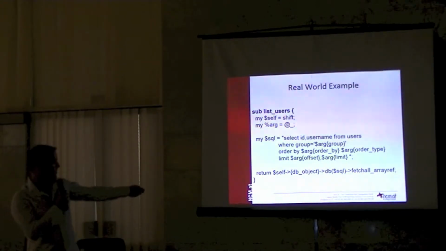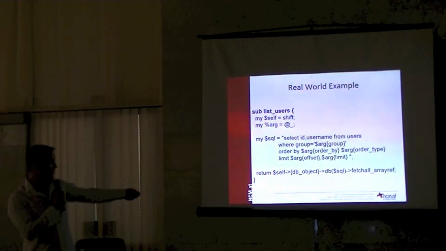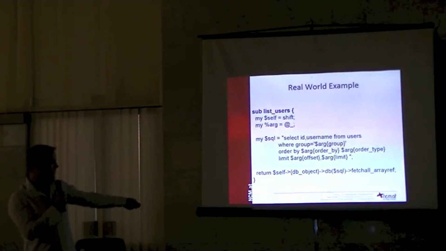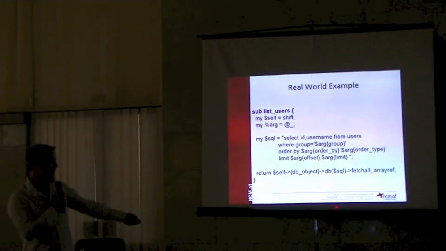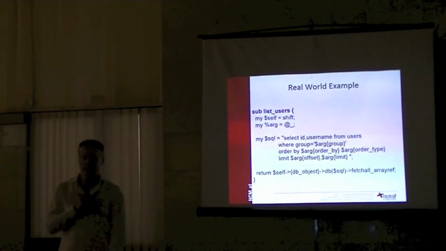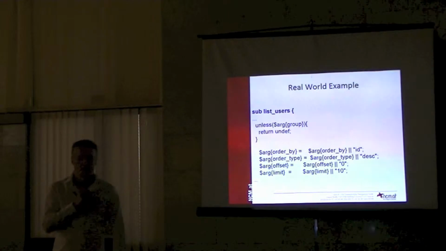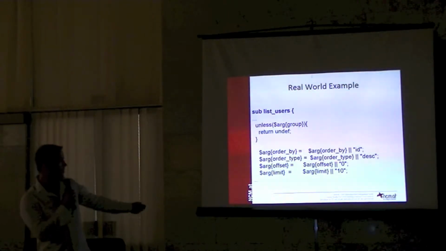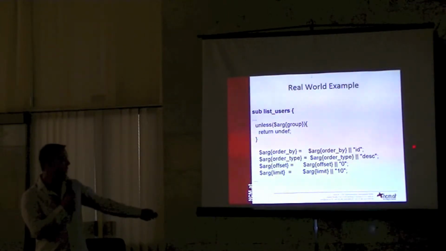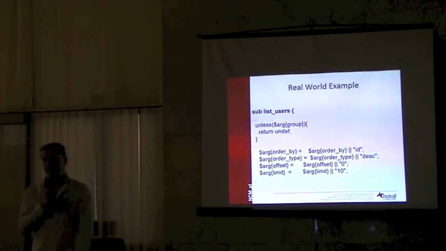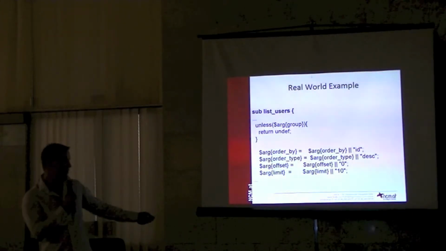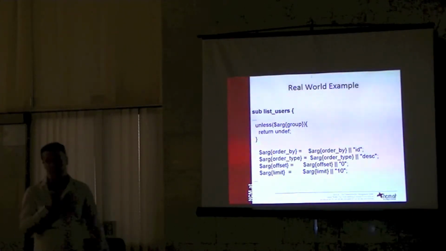You have your arguments here that you get out of the array, and you just put the string together and have a function. Well, and then you go and start doing validation of all the parameters, and you start doing default values and so on.